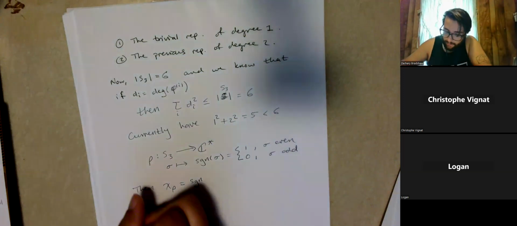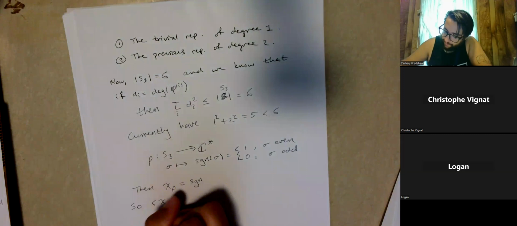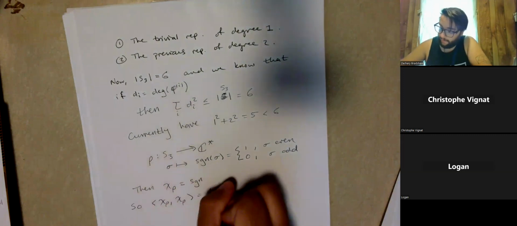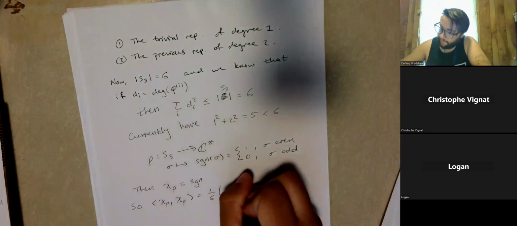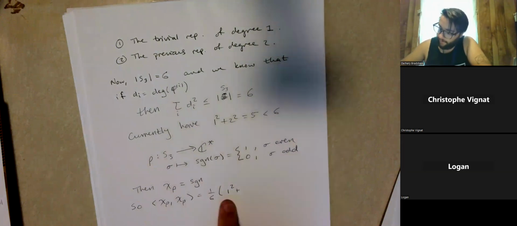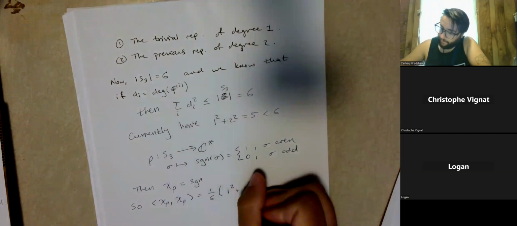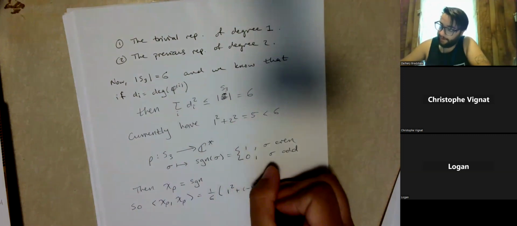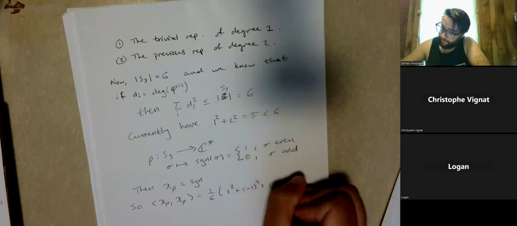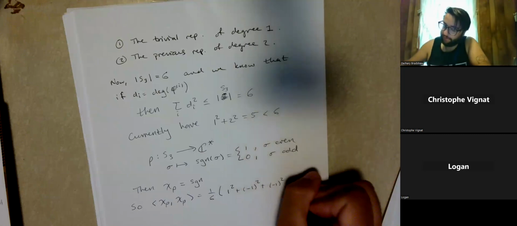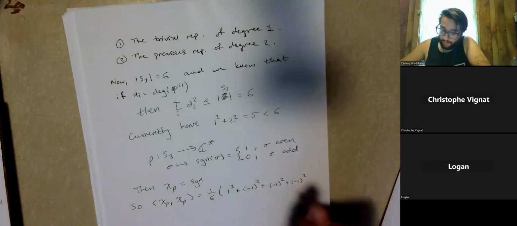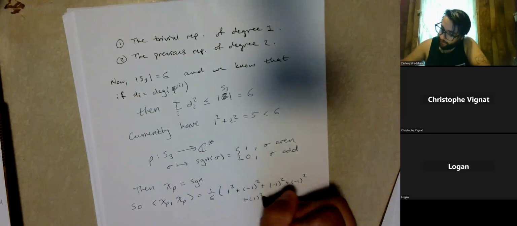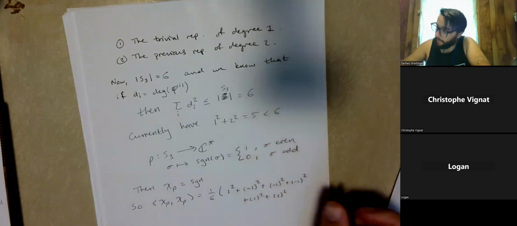So chi rho inner product with itself is 1/6 times 1 squared. This comes from the identity. The sign of the (1 2) permutation, so the sign of all the transpositions is -1. There's 3 of those. And then the sign of the two 3-cycles is 1.